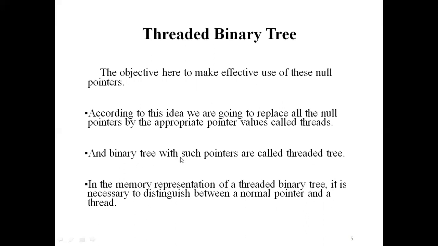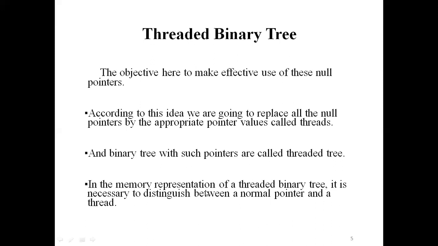And a binary tree with such pointers are called as threaded binary tree. So again, threaded binary tree is a kind of binary tree where these null links or these null values will be replaced with some threads. So if it is replaced with some thread, it becomes threaded binary tree.